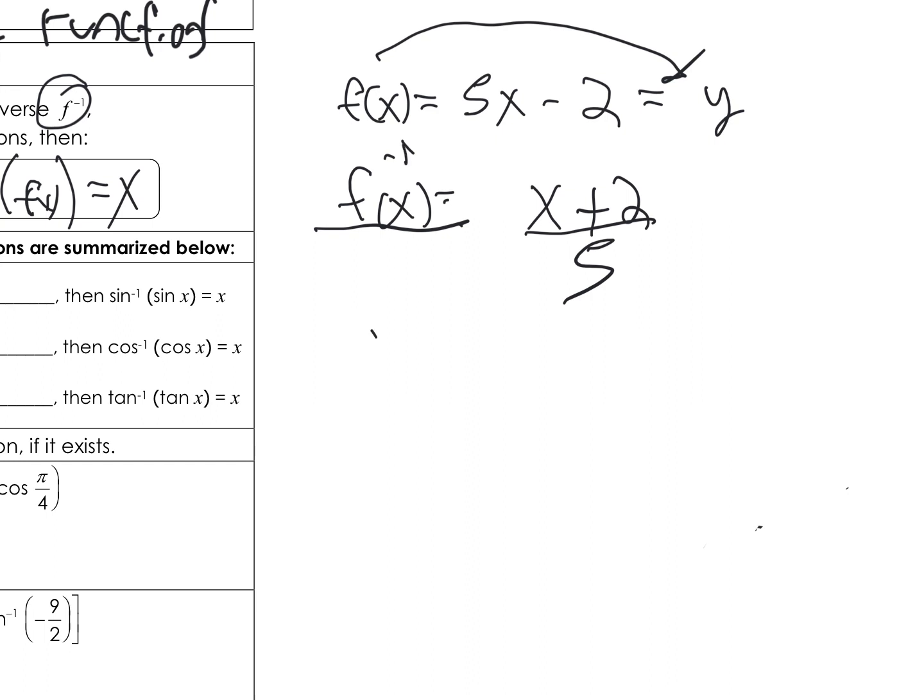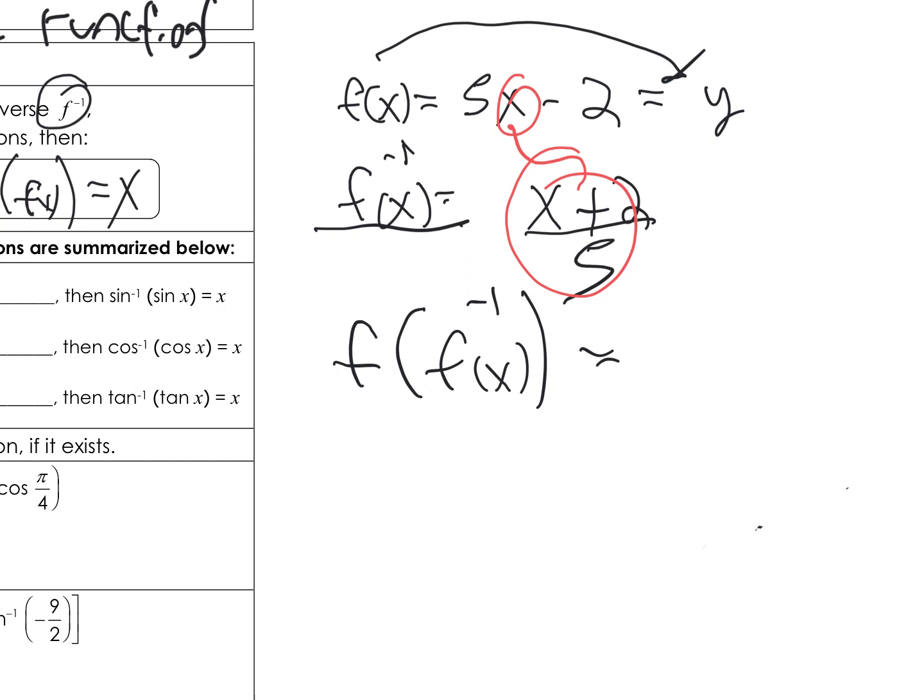If I want to do the composite, and I take f and I plug in the inverse of x, it would look like this. Everywhere you see x in f, I plug in the inverse function, because the inverse is inside.